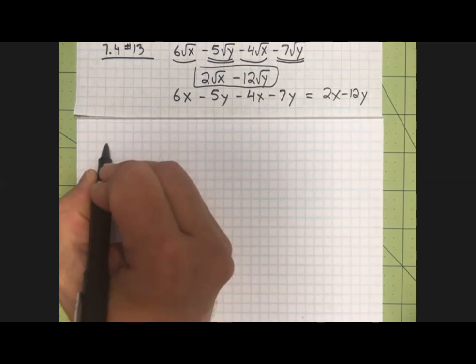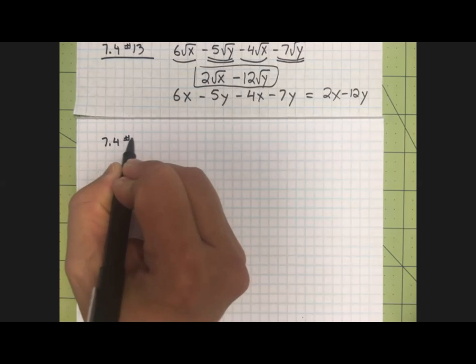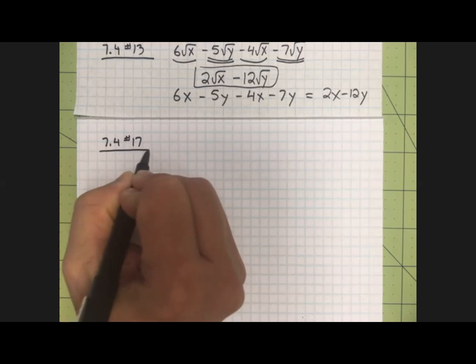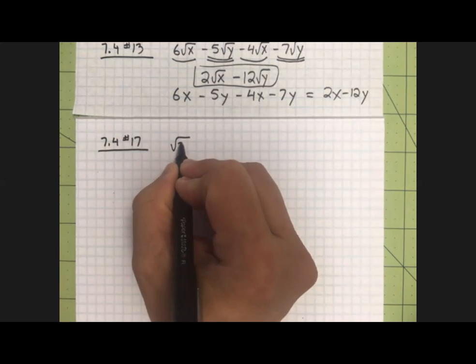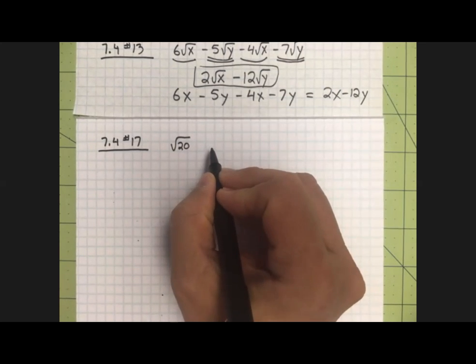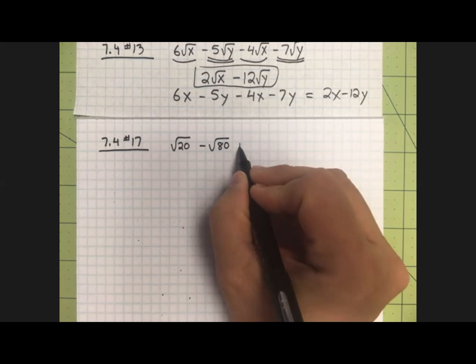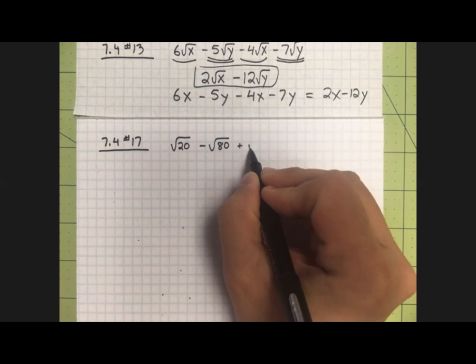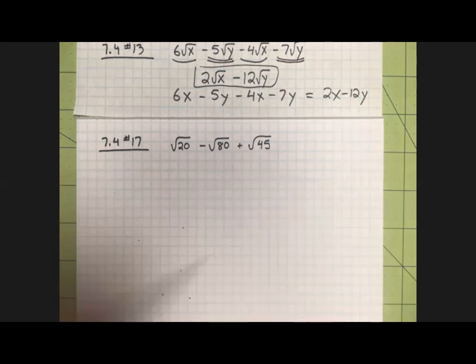Now let's try a harder one. Because you have to look out for this. Sometimes things do match, even though they don't look like they match. So let's add these 3 things here.